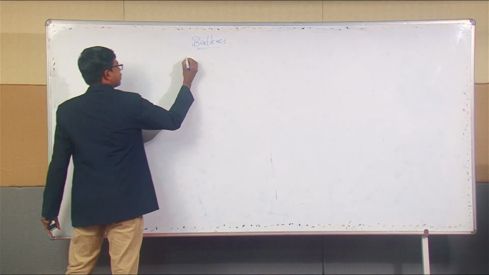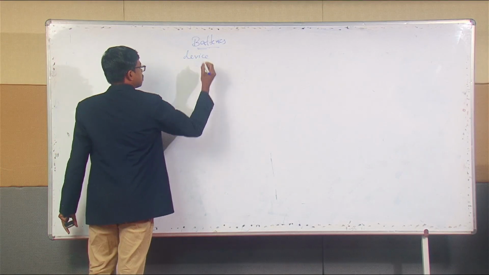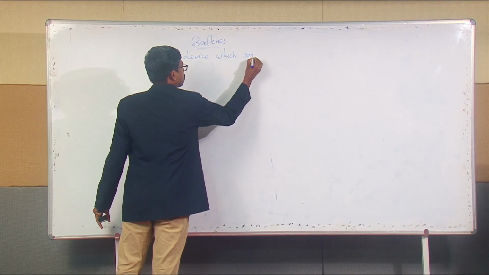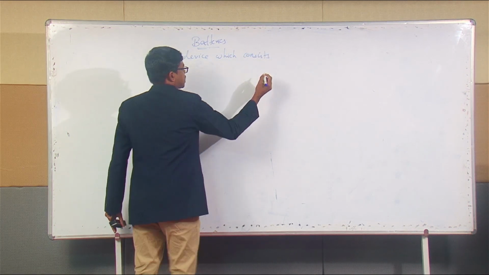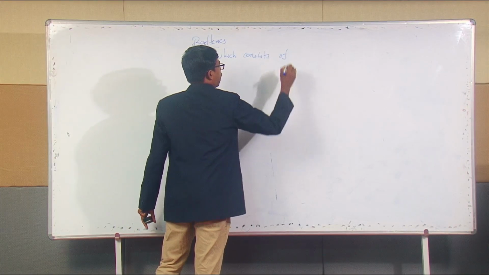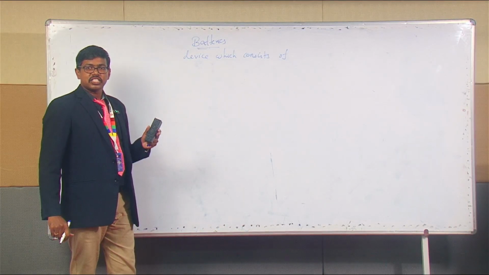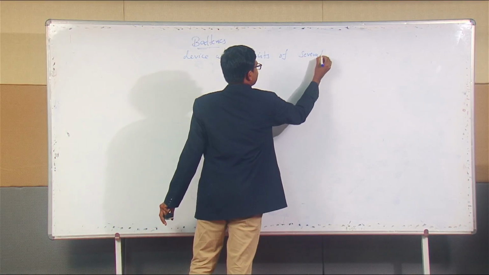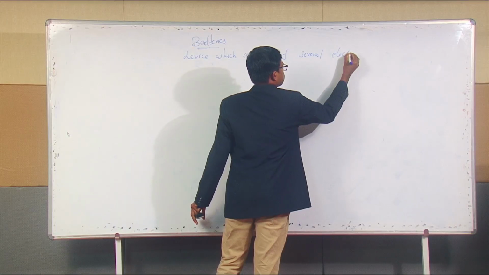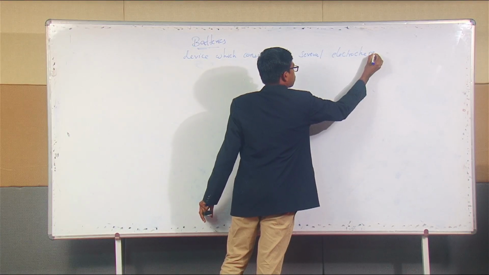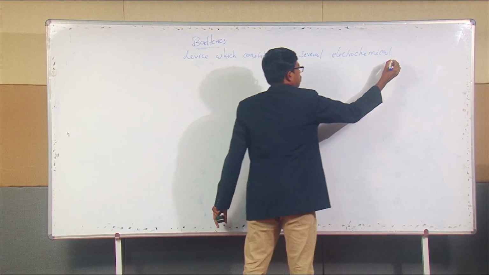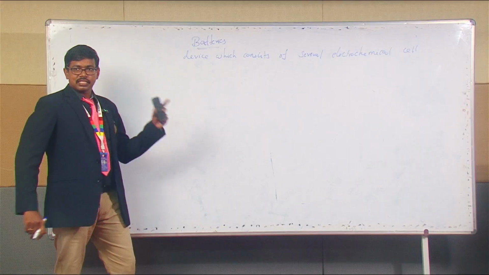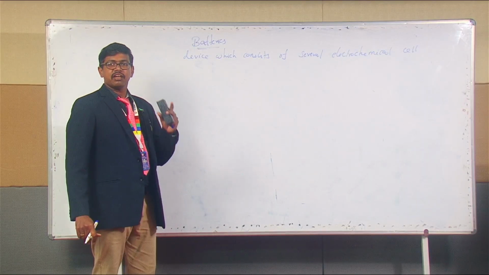So the device consists of several electrochemical cells connected in a series manner, and so we get a battery.